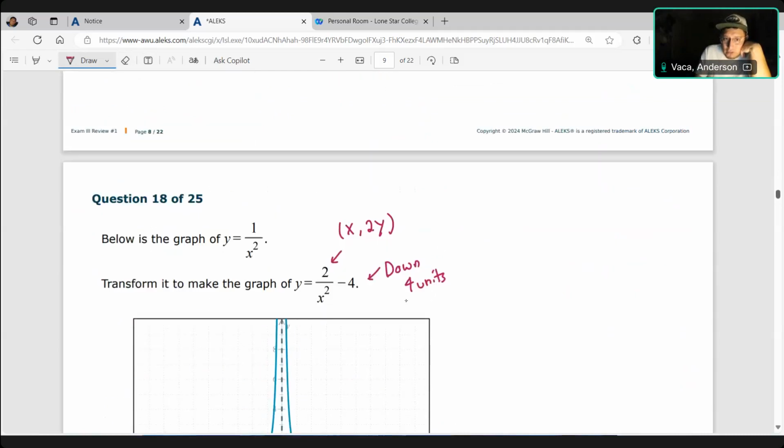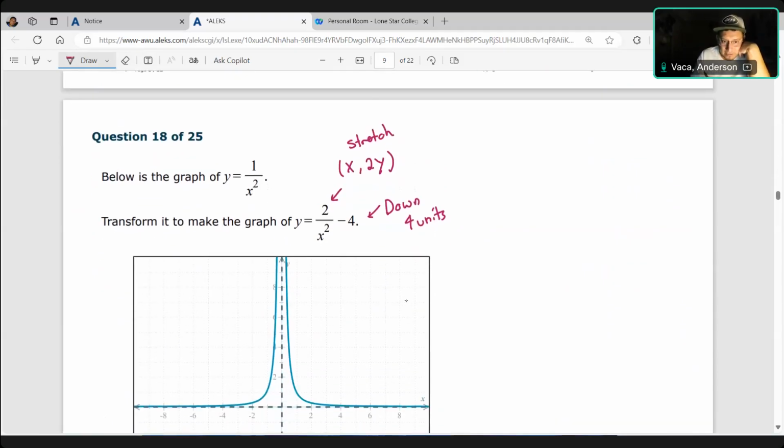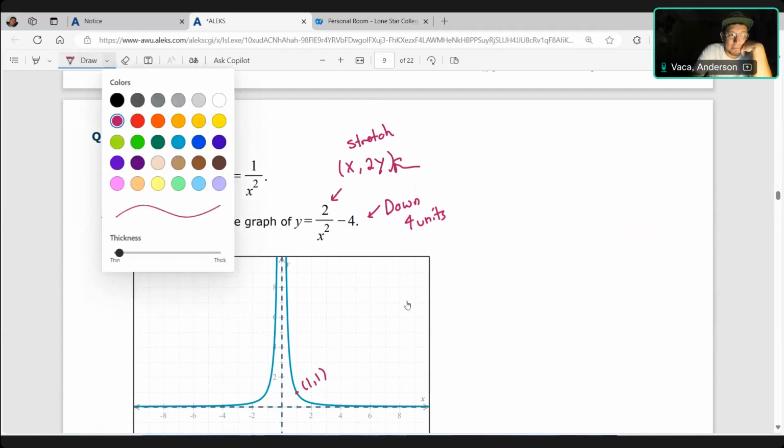So what you want to do is the stretch, because it is a stretch. So let me show you. In this case, you see how this goes through 1, 1? Well, because now the y values will be multiplied by 2, then this point, let me use a different color, will become 1, 2.